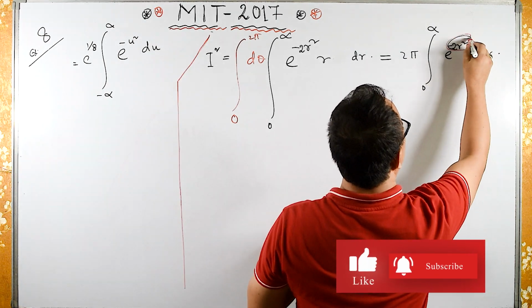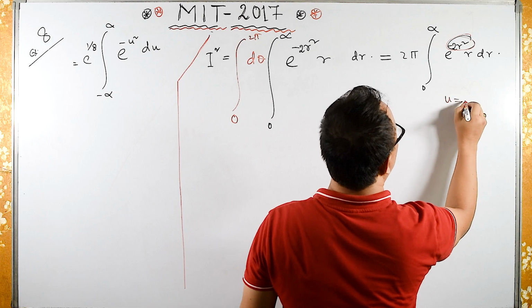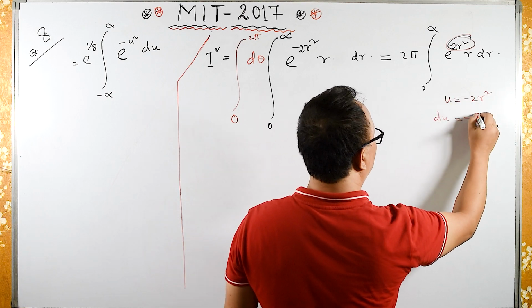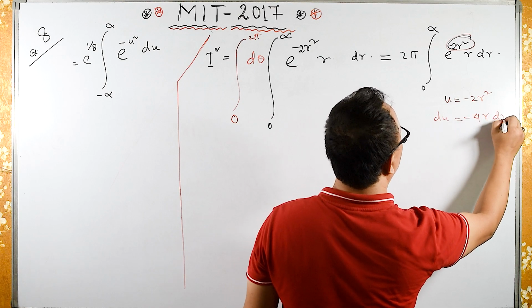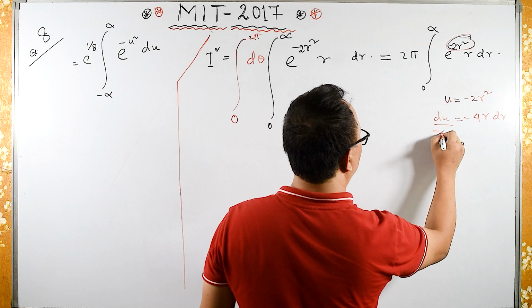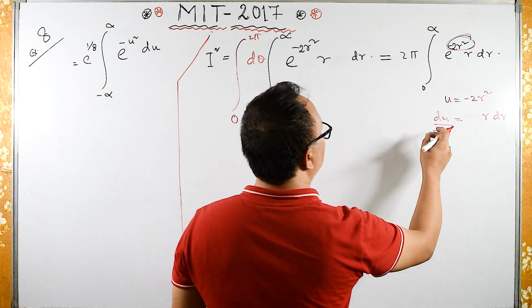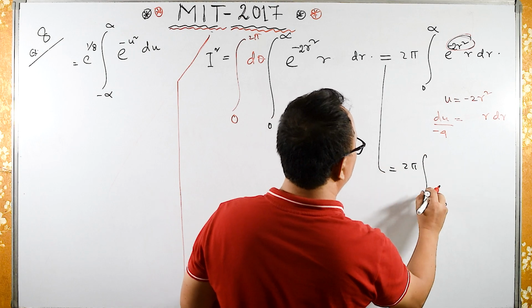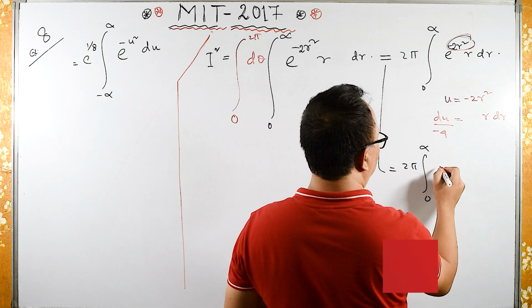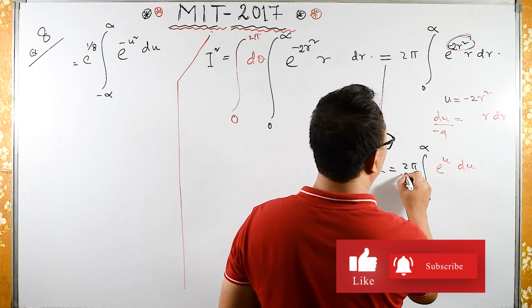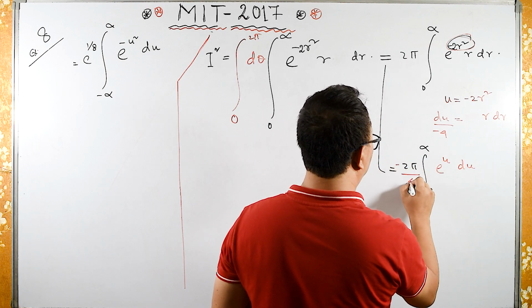Now let's substitute u equals minus r square, so du equals minus 2r dr. So I will send the minus 2 down, and the limits stay the same. This is 2 pi times the integral from 0 to infinity of e raised to u, du upon minus 2.